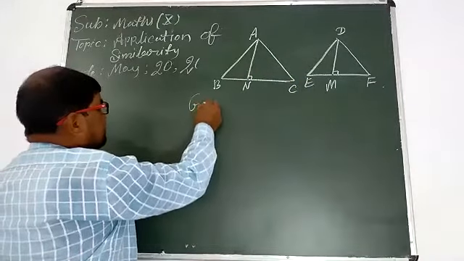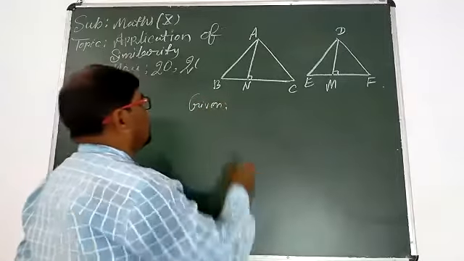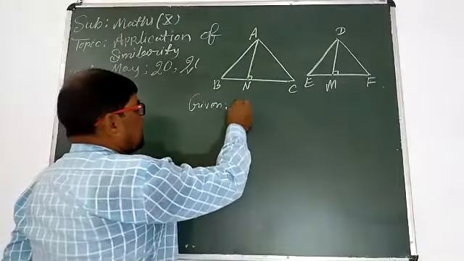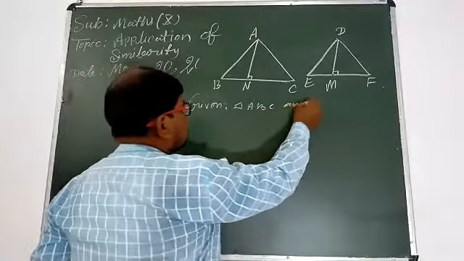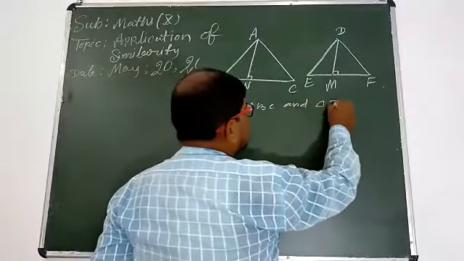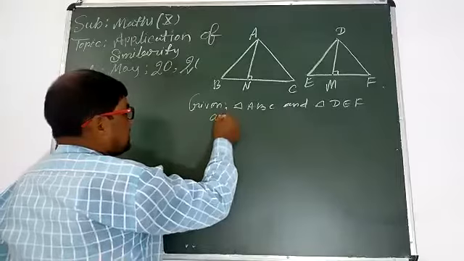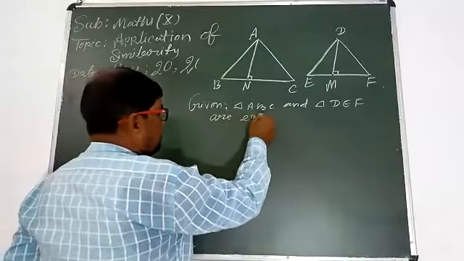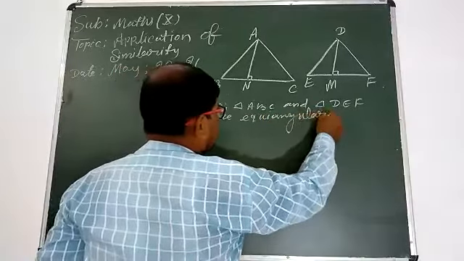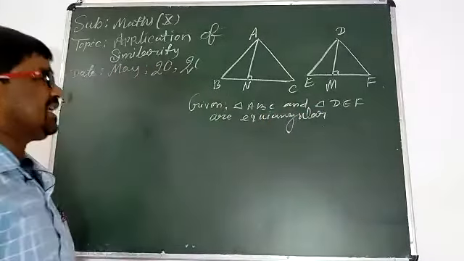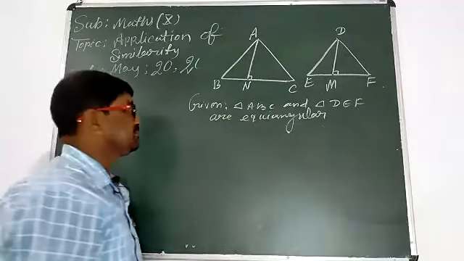Given: triangle ABC and triangle DEF are equiangular. Understood?